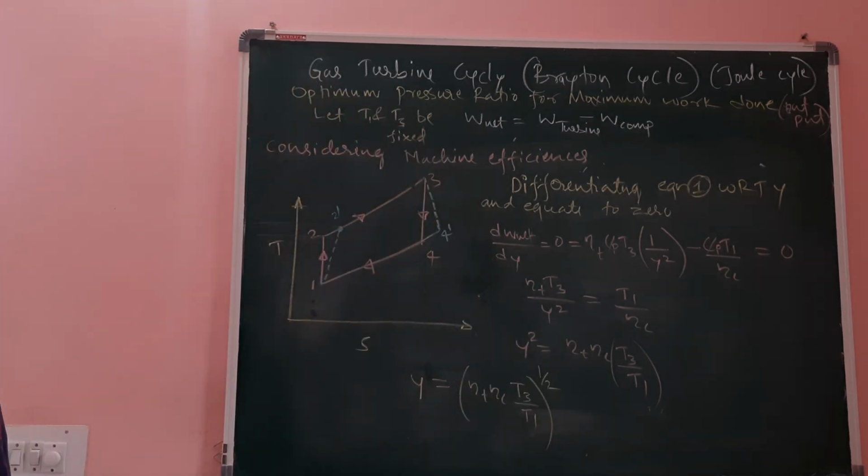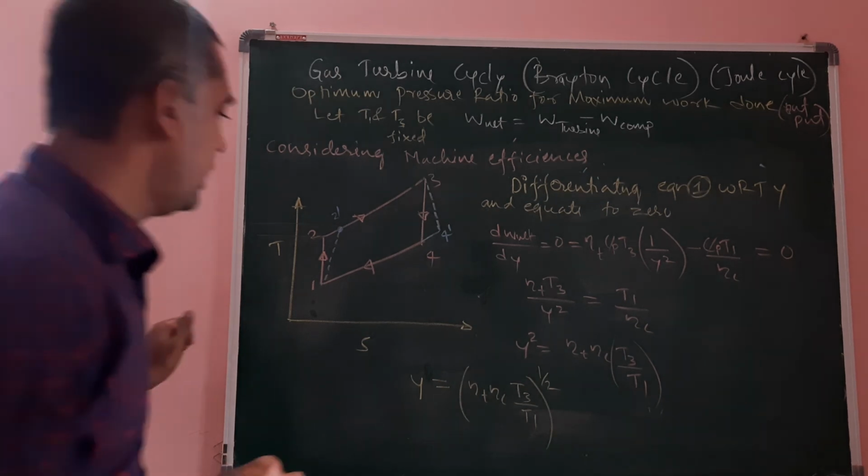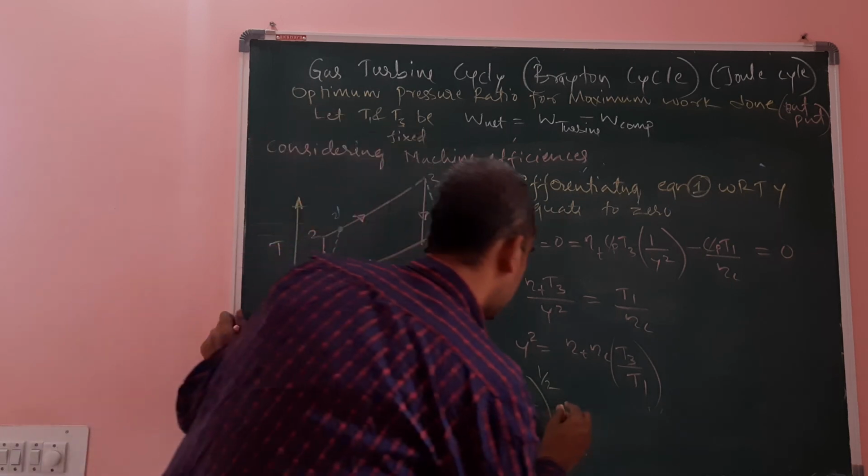Now, I substitute the y value. We know y is equal to Rp raised to gamma minus 1 by gamma.